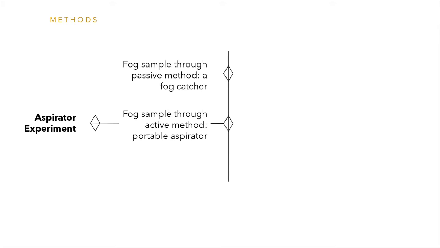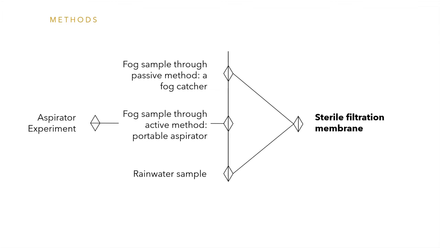About this active method, we made an aspirator experiment to evaluate its effectiveness. We also sampled rainwater as a control to investigate BD DNA in this reservoir separately from fog events. All these steps generated membranes that were subjected to DNA extraction and qPCR analysis.